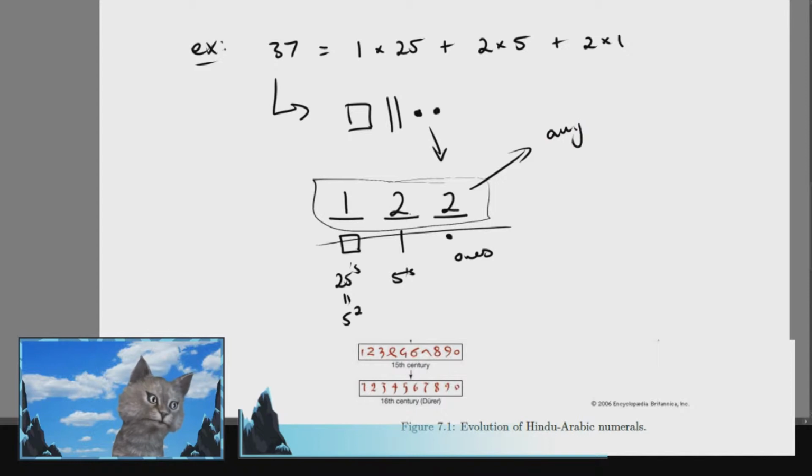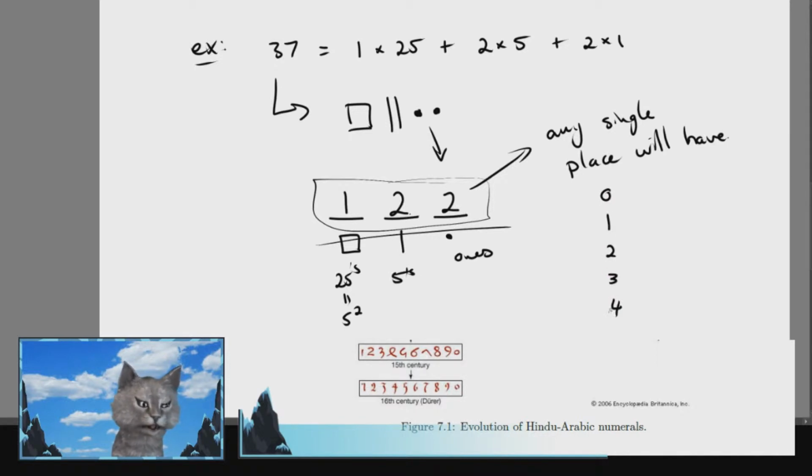And any single digit, any single place will only have the following possibilities. I can have 0, 1, 2, 3, or 4. Because as soon as I have 5, it rolls over to another group of the larger size. So these are the only digits we can use.